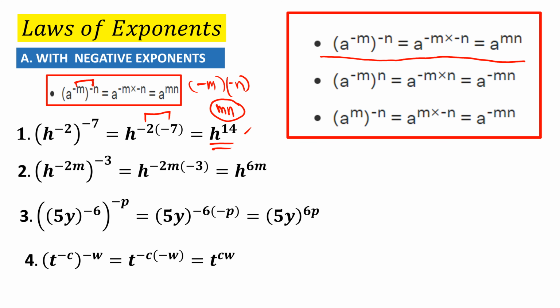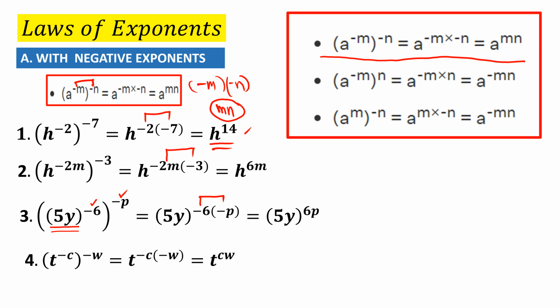And 8 to the negative 2m, to the negative 3, negative 2m times negative 3 is now giving you 8 to the 6m. And then number 3, you have there the quantity 5y to the negative 6, and there is a negative outer exponent. So we have to multiply them still, and that will give you the quantity 5y to the power of positive 6p.